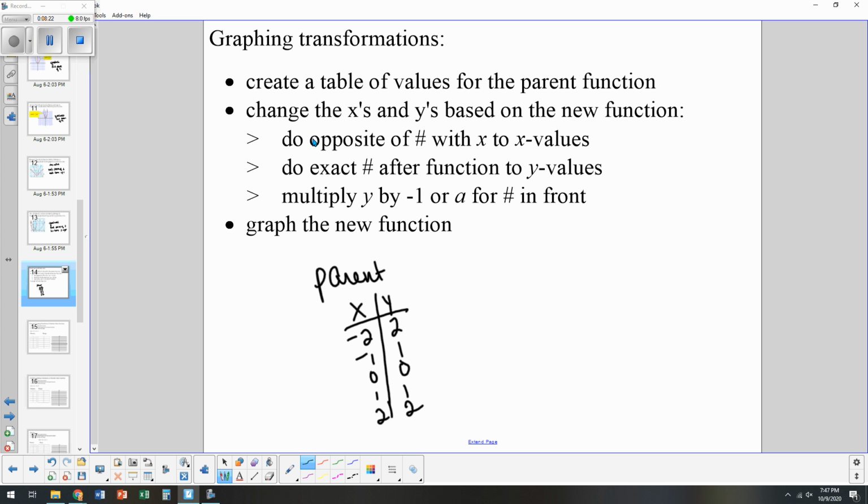So whatever number is with the x value, we're going to do the opposite of that to our new x values. Whatever number is after it, we're going to do exactly that to the y values. And then we're going to multiply y by either -1 or whatever the value of a is based on the number in front of the function. And then we can graph our new function.